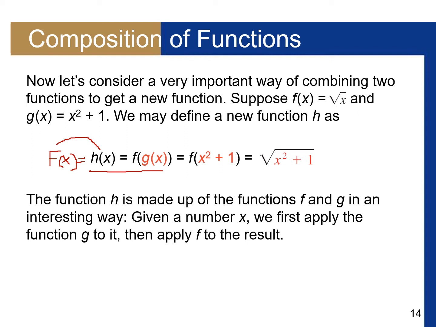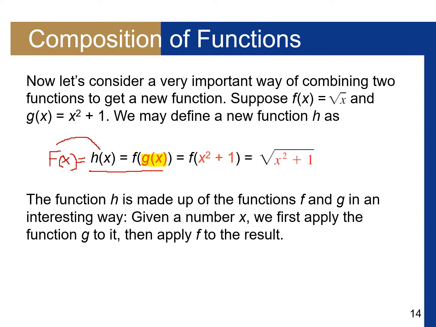This says I'm going to take g of x and I'm going to plug it in to my f of x. So whatever g of x is going to be my new x value.